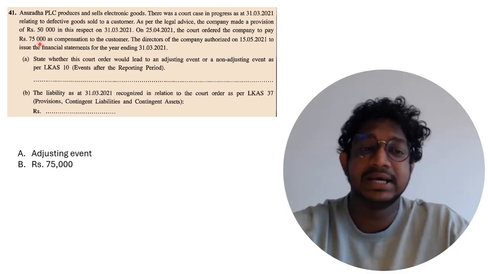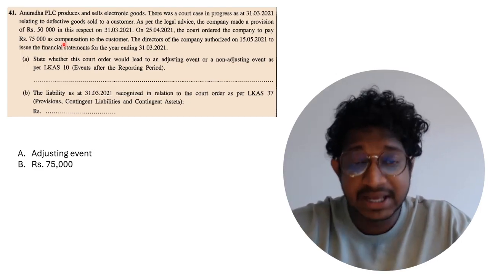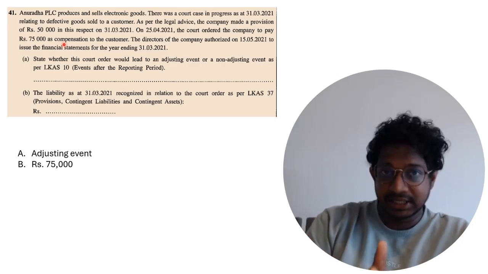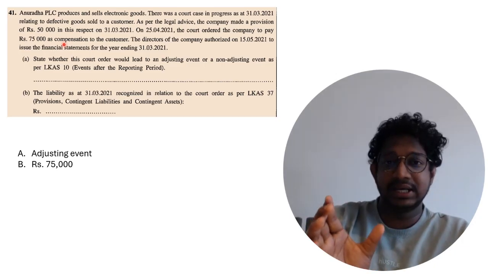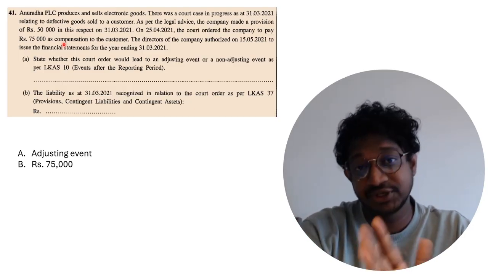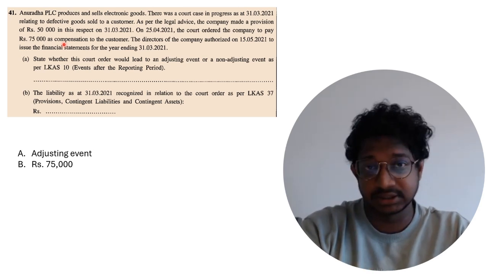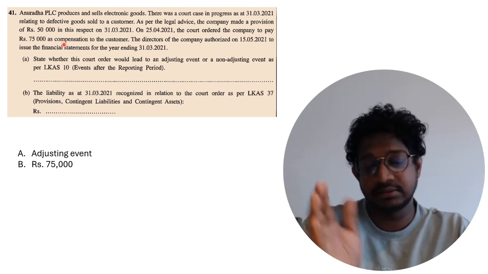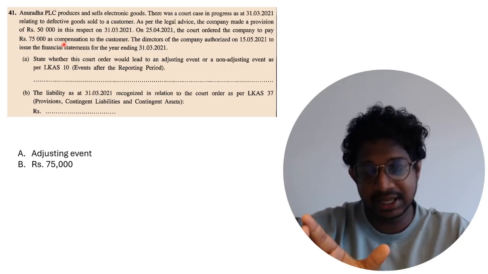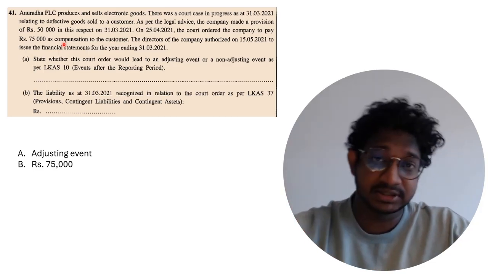Yes, of course it is an adjusting event, because the transaction that led to the court order happened within the financial year, and the court order was received before authorizing the financial statements. So the criteria are met. The case should arise within the financial year and the court order has to be received before authorizing the financial statements, right?